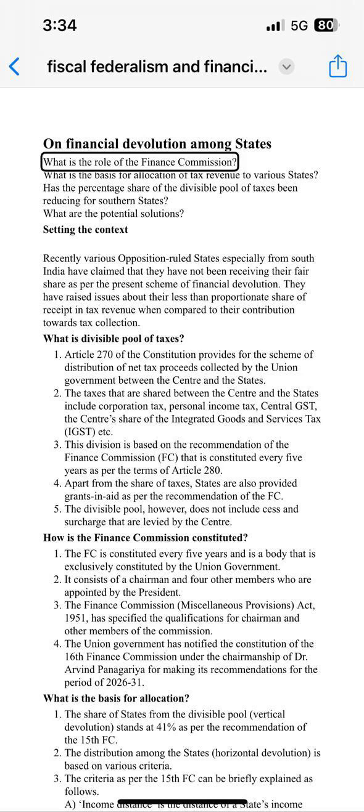And the bigger states and the states with the huge population receive more tax revenue from the central government, whereas those states which perform well on demography and also tax efficiency and generation of the tax revenue do not receive the same, right?